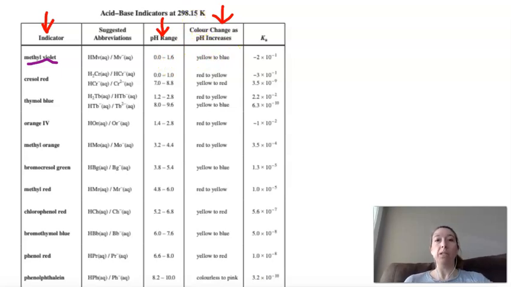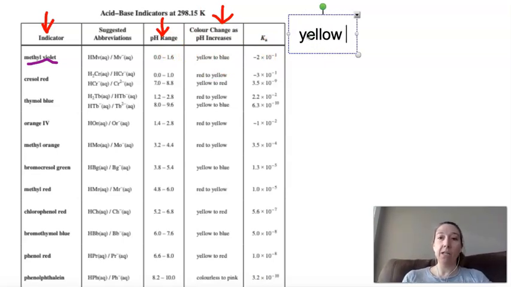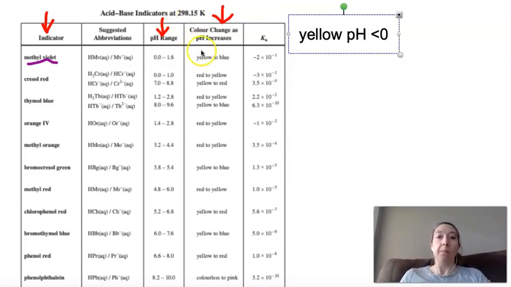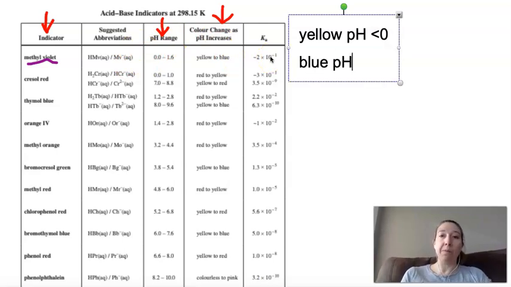So if I add methyl violet and I see yellow, that is telling me that my pH has to be less than 0, because to get yellow I have to be down here. If I get blue, that means my pH must be greater than 1.6.